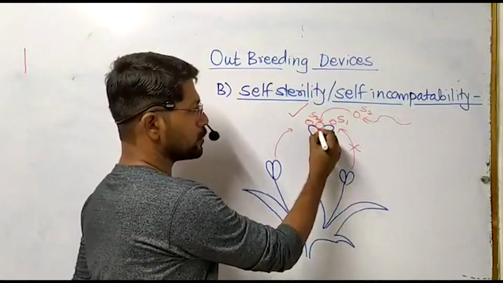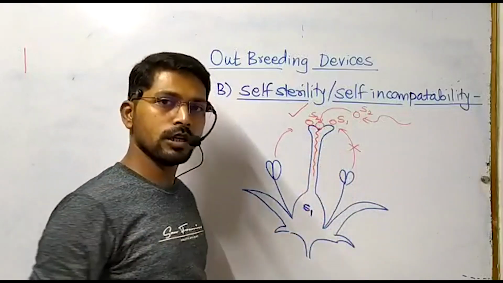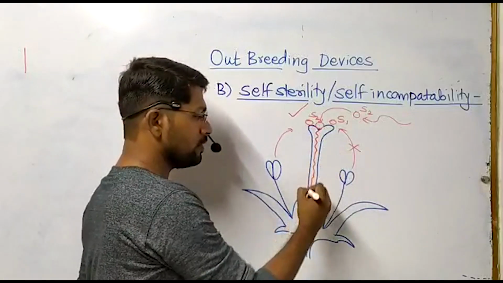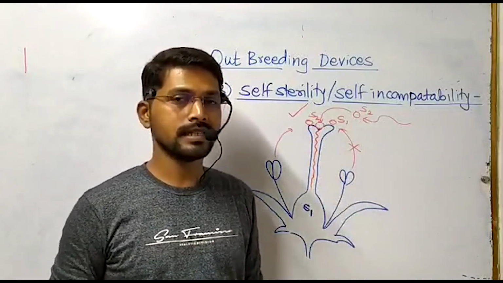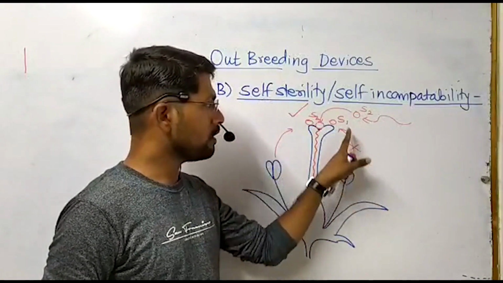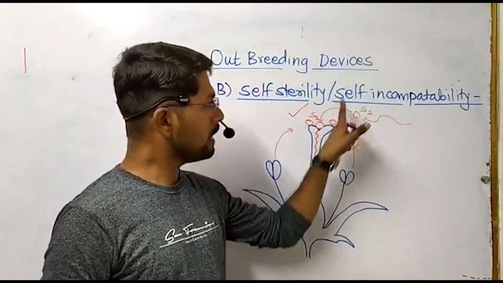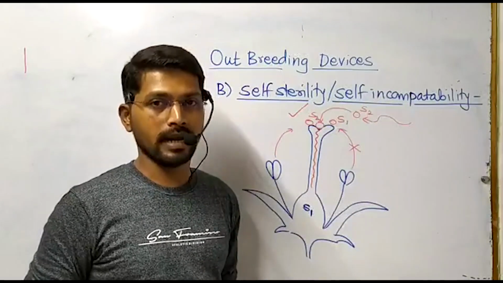Now this pollen S2 will produce the pollen tube in the carpel belonging to S1 and successfully fertilize the ovum. This is the second type and we call it self-sterility, because pollen grain of the same flower will not be allowed on the stigma of the same flower. It is also called self-incompatibility.